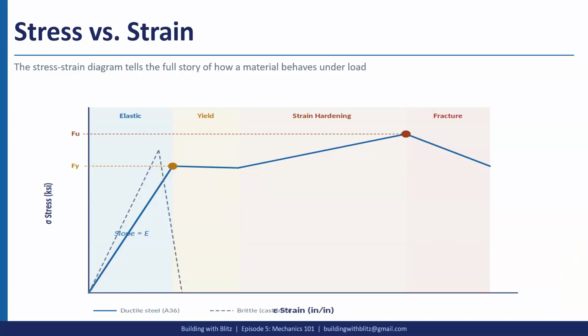So taking a look at stress versus strain, because there's a very important relation here of the modulus of elasticity. This is a general stress strain curve similar to steel. Most steel material, whatever grade, if we have A36 or A572, etc., is going to behave similarly here, where we have a linear first stage.